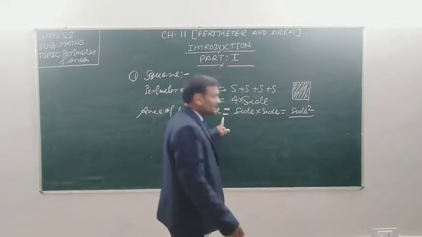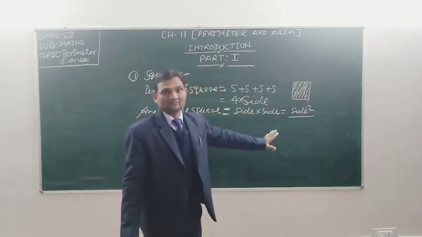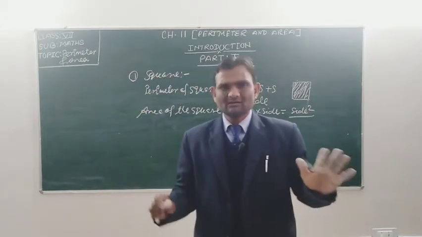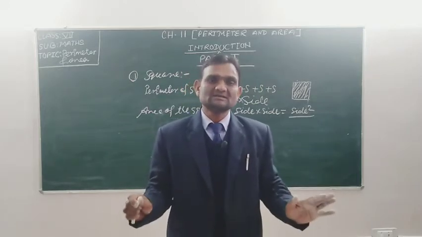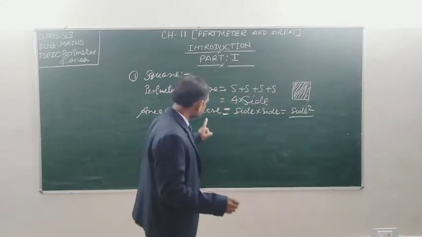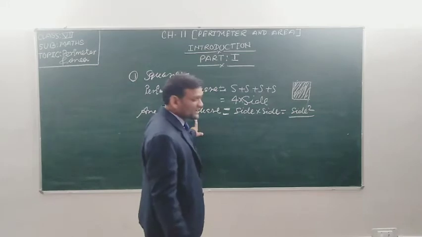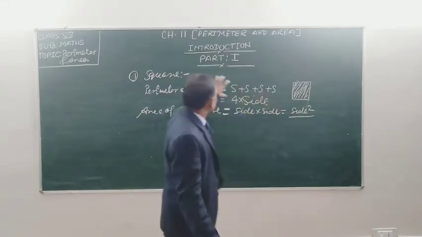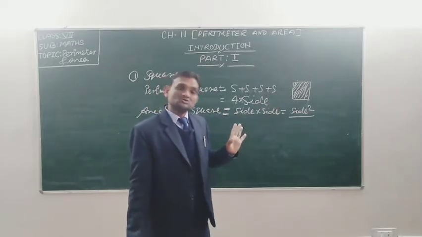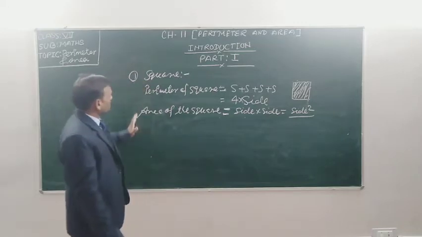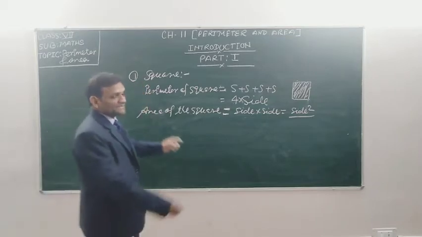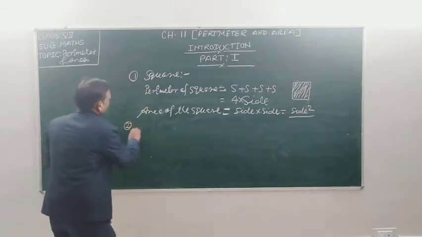But area is always written in the square unit, meter square, centimeter square, kilometer square, etc. Always remember in your mind, student, that area is always written in the square unit, but perimeter is always written in the single unit. It's okay. So student, this is the formula for finding the perimeter and area of the square. So I'm taking the second figure, that is the rectangle.